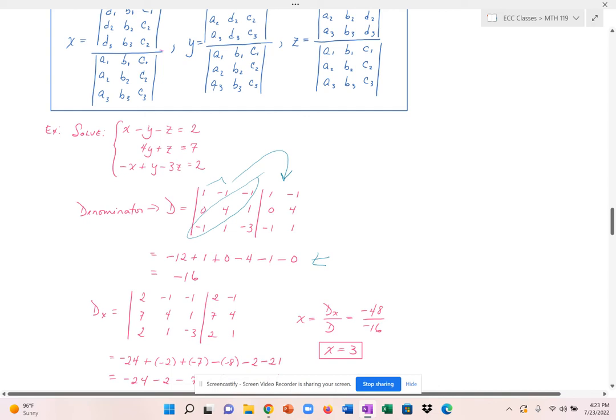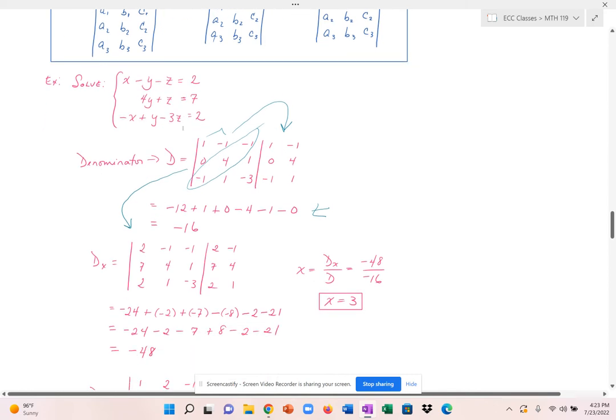All right, so now I have to figure out what x is. So for x, you're going to take the same matrix that I had up here, except the first column will get replaced with the constants. So I should have 2, 7, 2 in the first column. And then I did the same technique. I repeated the first two columns and wrote them here on the right. And then I multiplied on a diagonal.